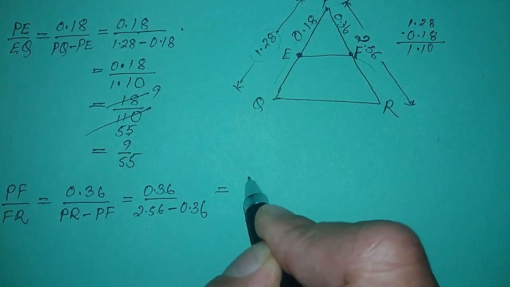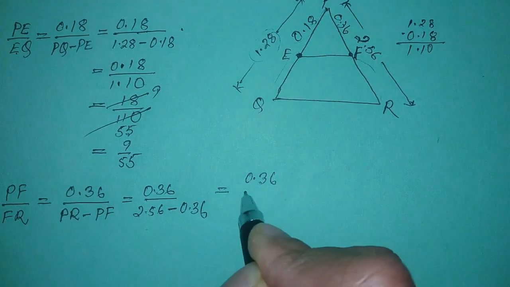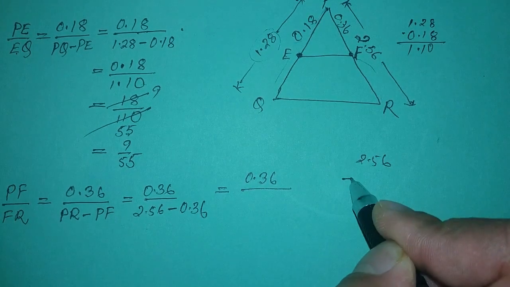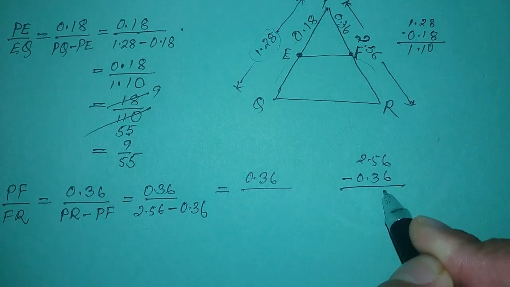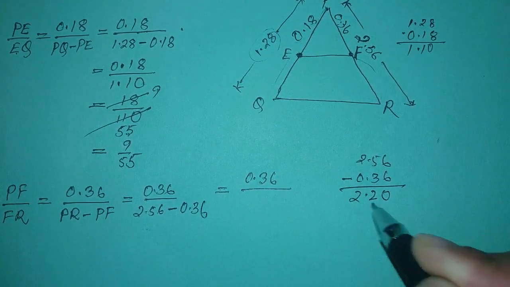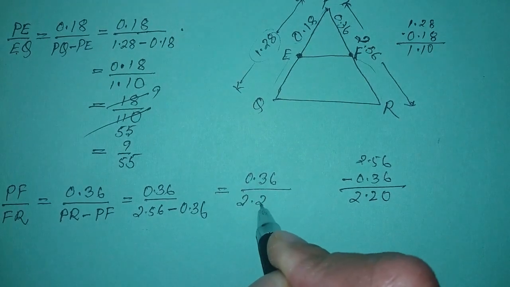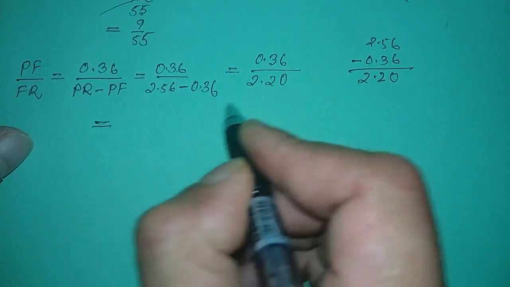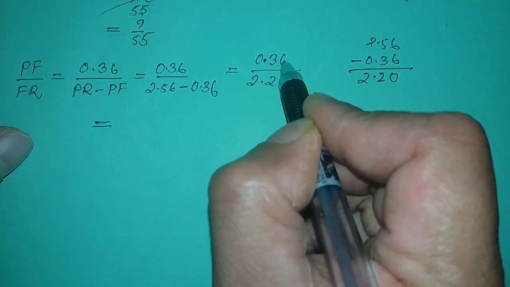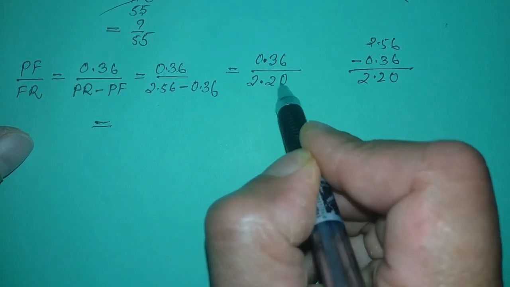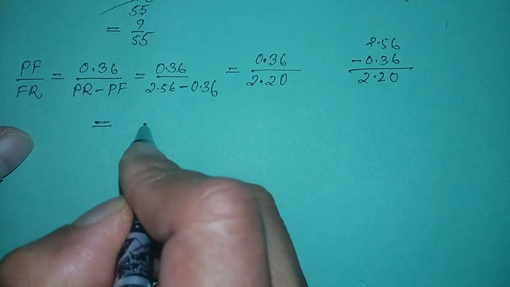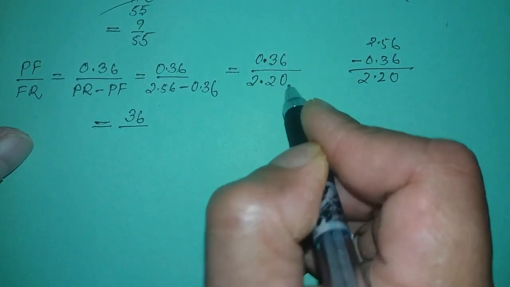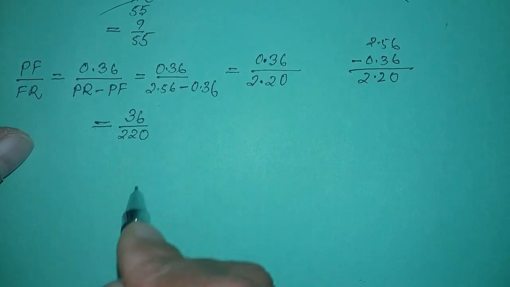Now 2.56 minus 0.36 gives 2.20. After the decimal point we have 2 digits in both, so we're going to remove the point. So you have here 36, and you have here 220.